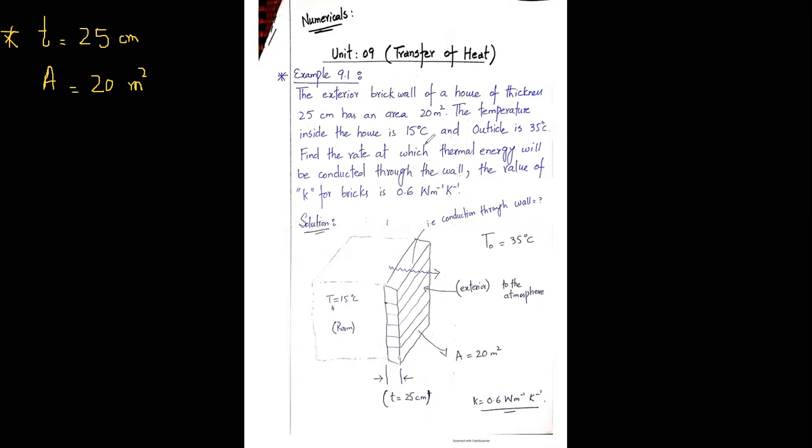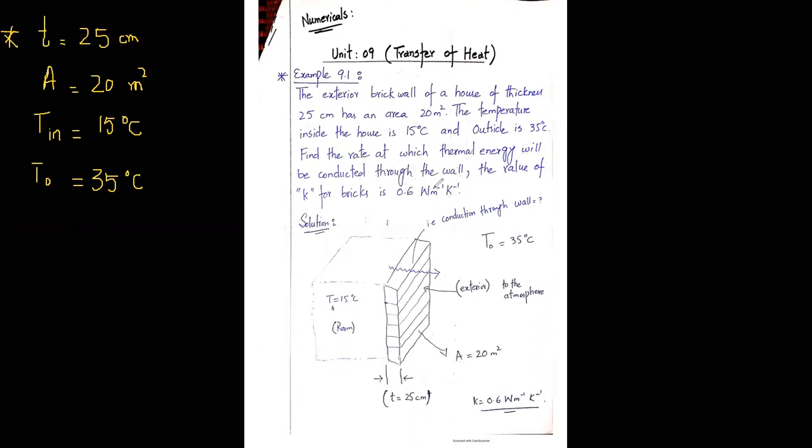The temperature inside the house, T in, equals 15 degrees Celsius, and the outside, T out, is 35 degrees Celsius. Find the rate at which thermal energy will be conducted through the wall.